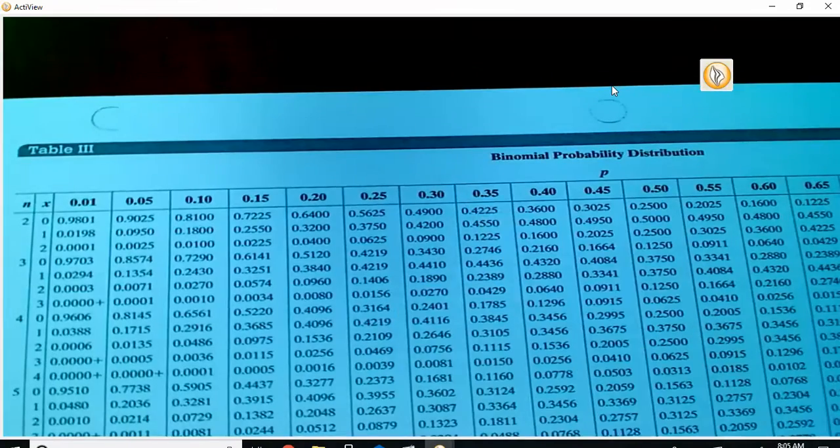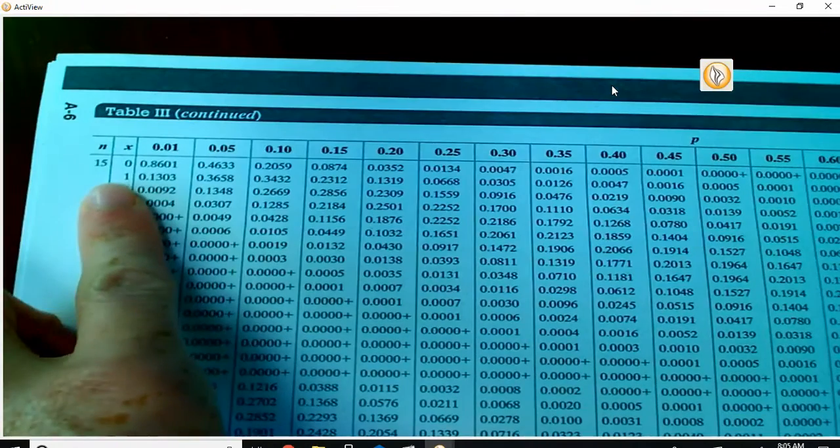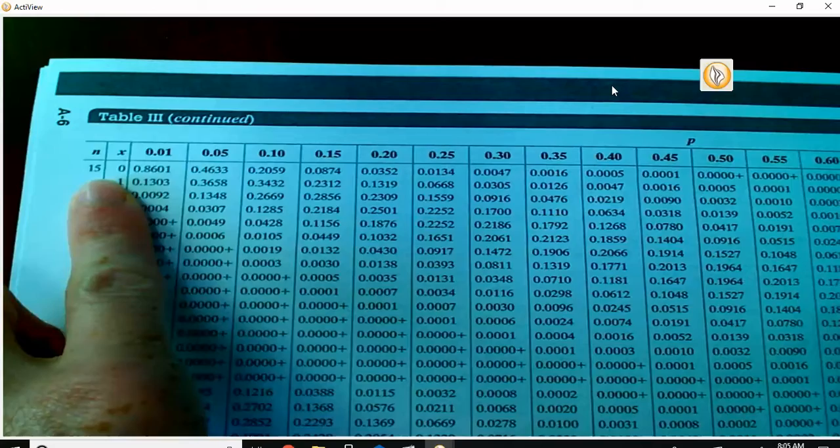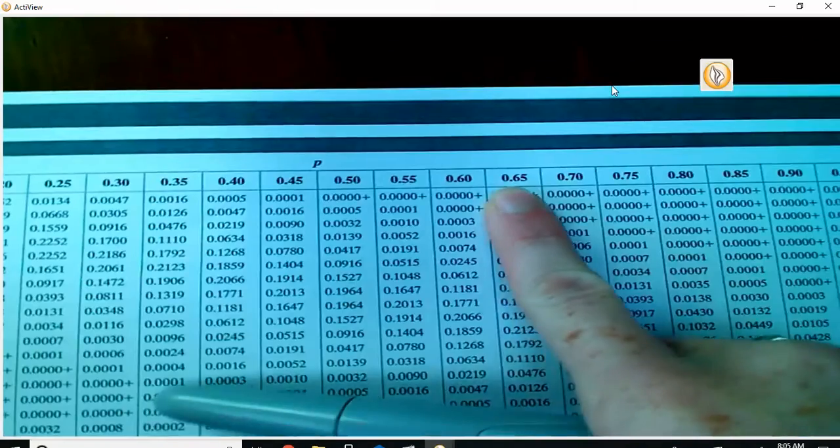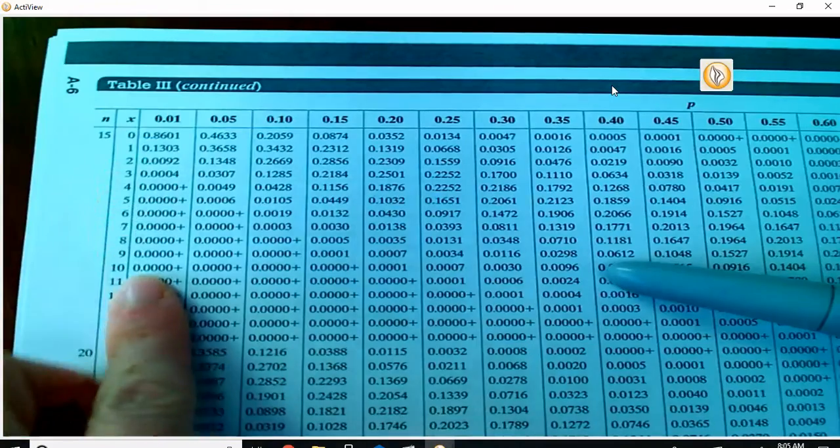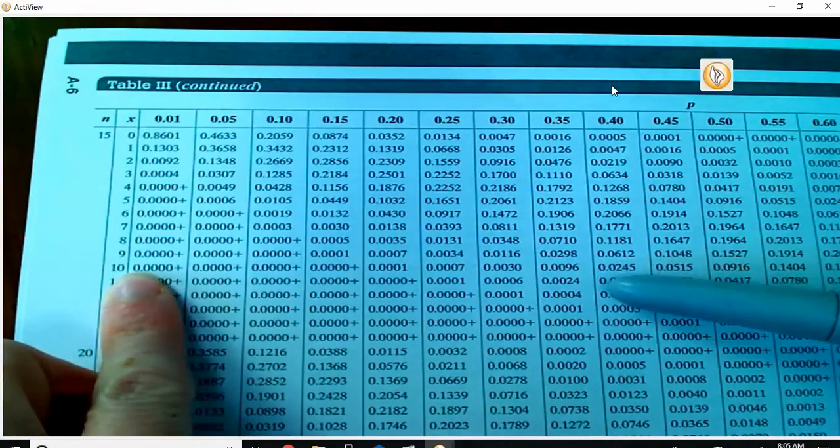And we'll talk about that in just a second. We want table 3, this binomial probability distribution. So my N was what on this example? 15. So that's back of the second page. What was my P? 0.65. And my X was 10.